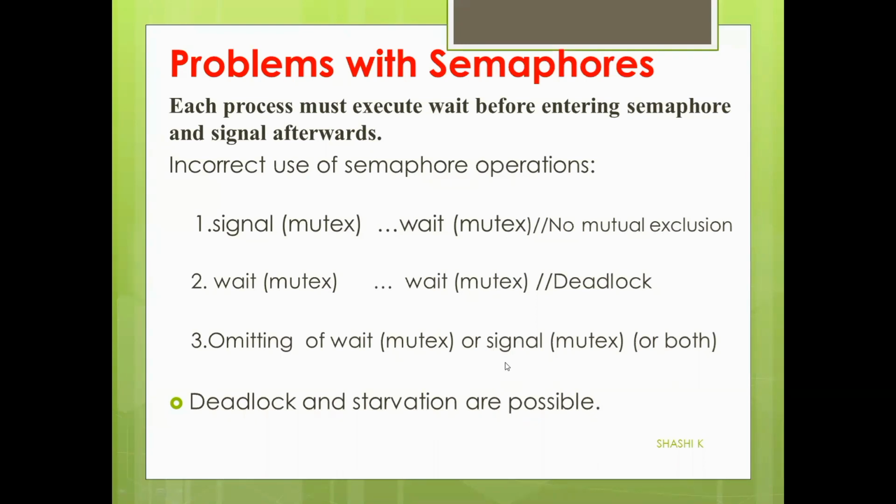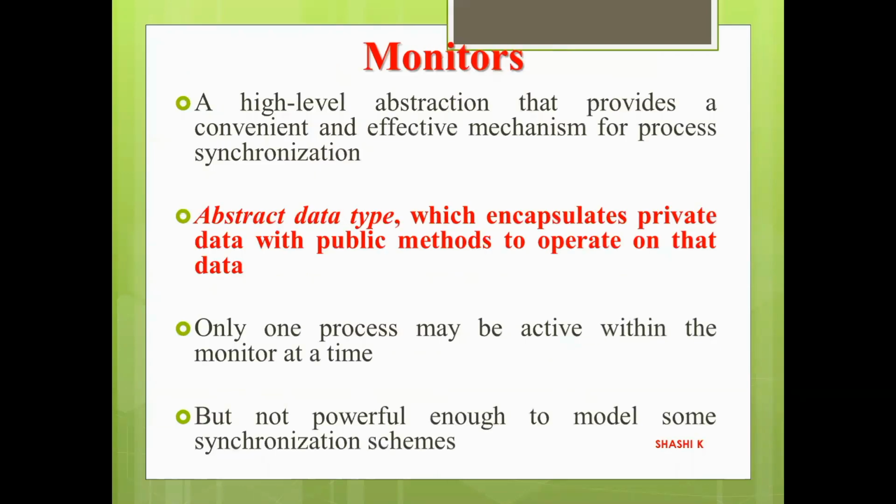So because of these large number of problems which usually happen with semaphores, we go to the next topic of monitors. Okay, we saw what the dining philosophers problem is. We saw a solution to it, but we also saw that when it is implemented using semaphores, we are not able to provide a deadlock-free solution, and semaphores also have a lot of issues in their implementation.